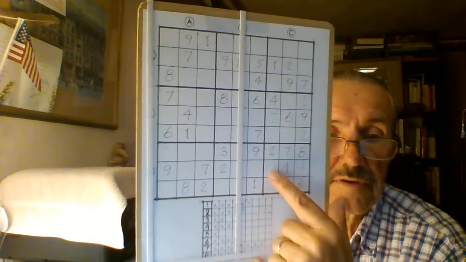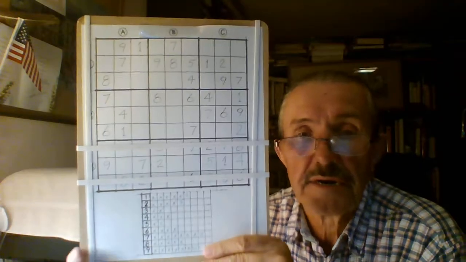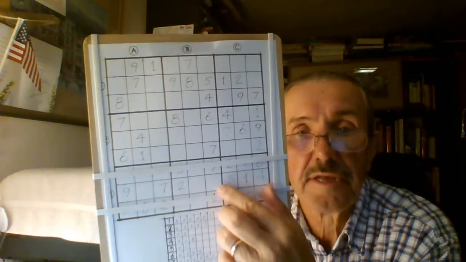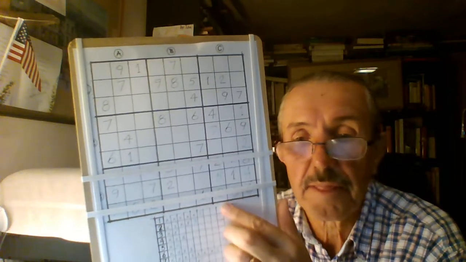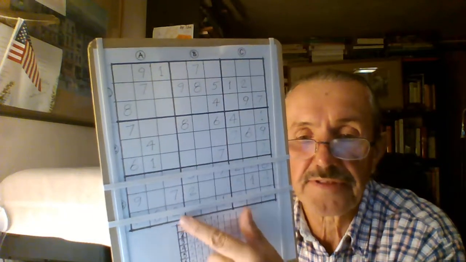There's one empty space for number 5. Right now we are going to consider square A3 and looking for number 3.